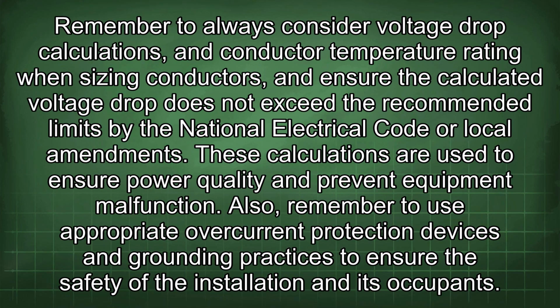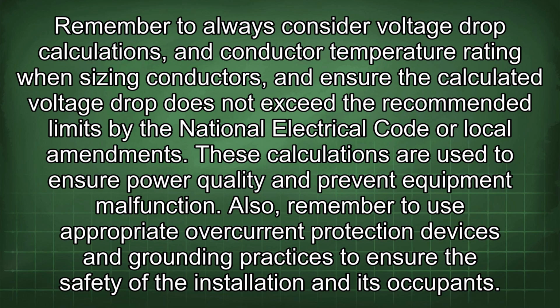Remember to always consider voltage drop calculations and conductor temperature rating when sizing conductors, and ensure the calculated voltage drop does not exceed the recommended limits by the National Electrical Code or local amendments. These calculations are used to ensure power quality and prevent equipment malfunction.